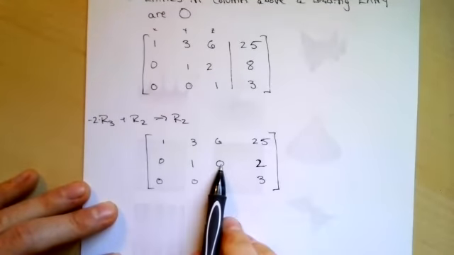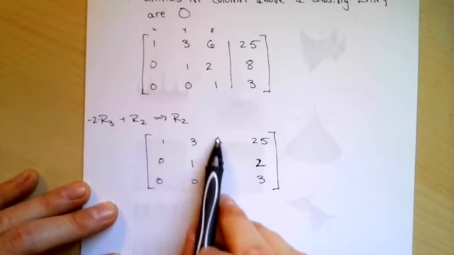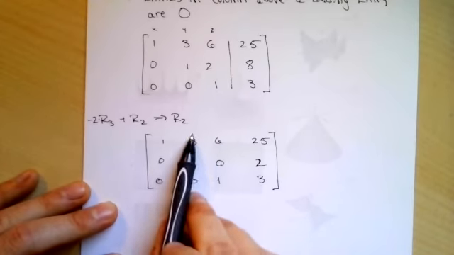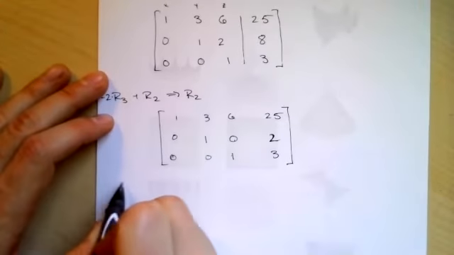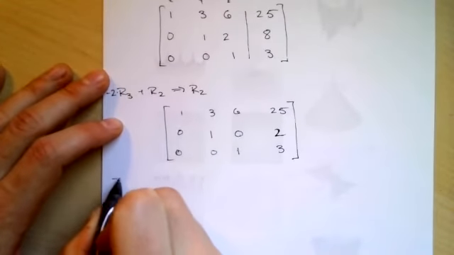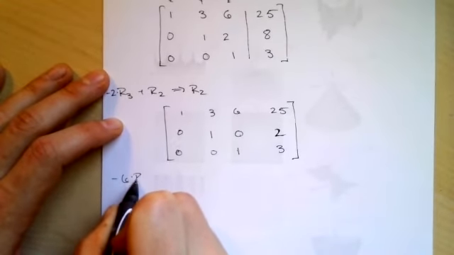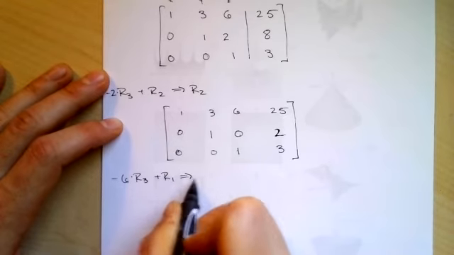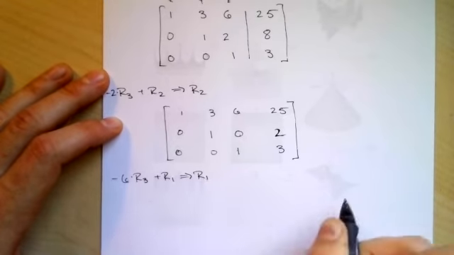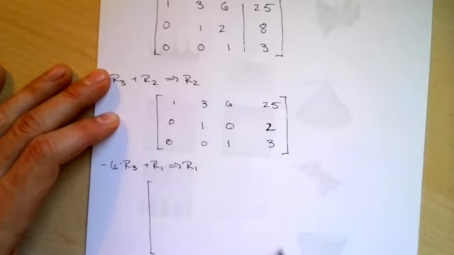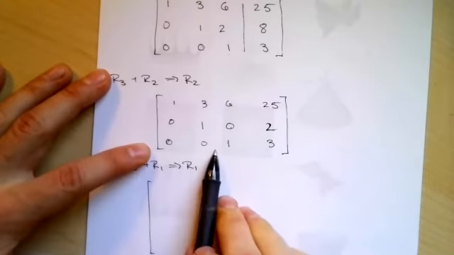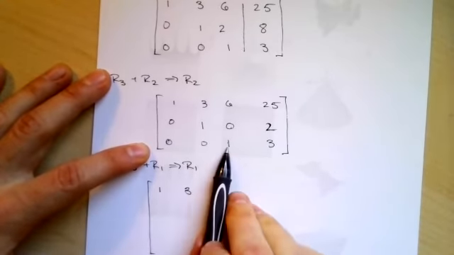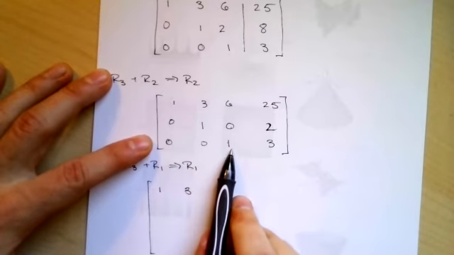Great, I've gotten rid of that one, but not all the entries we need to be 0. So we need to get rid of that one, and we need to get rid of that one. So let's go ahead and do now -6 times row 3 plus row 1, replacing row 1. So we are going to have a 1 here, a 3 here, since those zeros aren't going to affect anything.